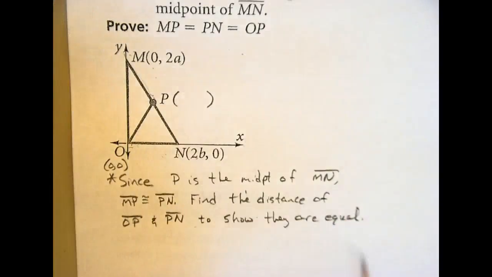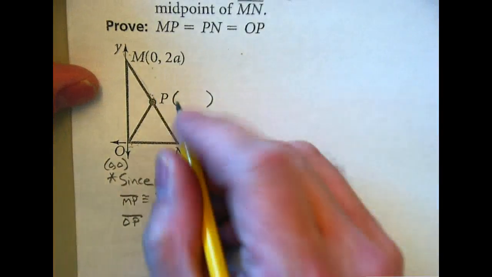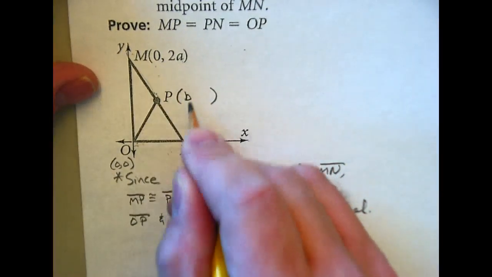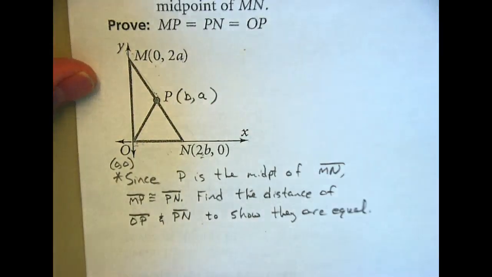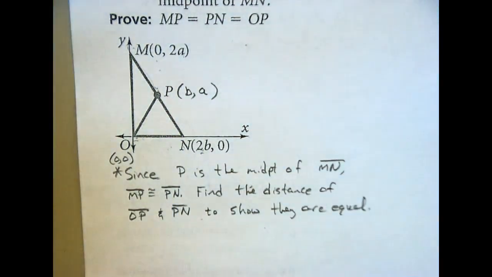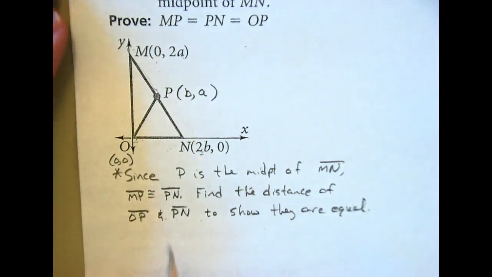Okay, so the coordinate of P, we add these up. 2B plus 0 is 2B divided by 2 is B. And 2A plus 0 divided by 2 is A. Everyone get that? Okay. So, find the distance of OP and PN to show they are equal. Everyone go ahead and find those distances, please.